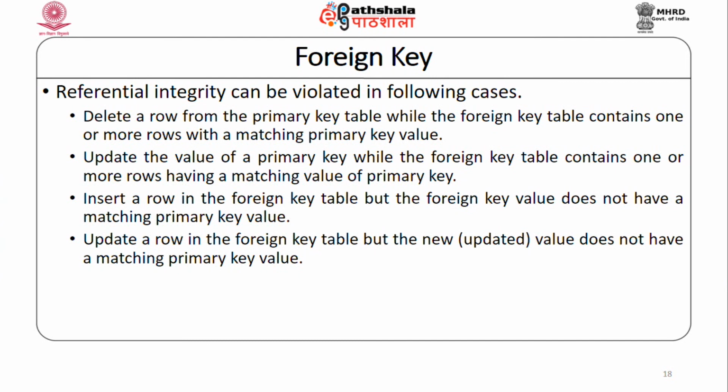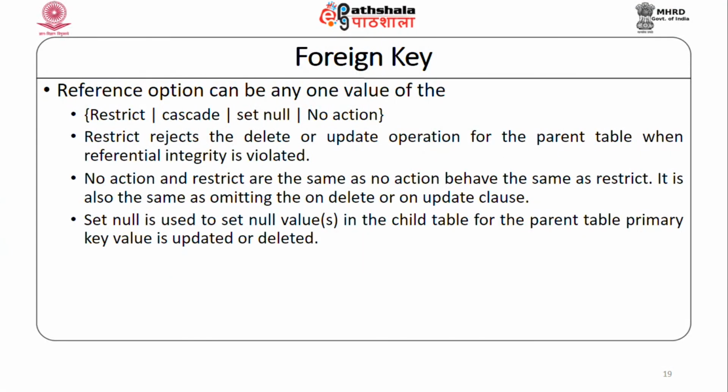And if you update a row in the foreign key table with a new value which does not have a matching primary key value, that means the new value you provide does not match your primary key table, then also it is violated. So, that is how integrity is maintained.